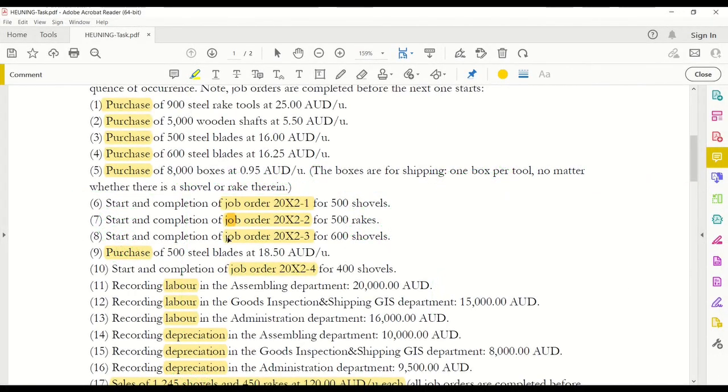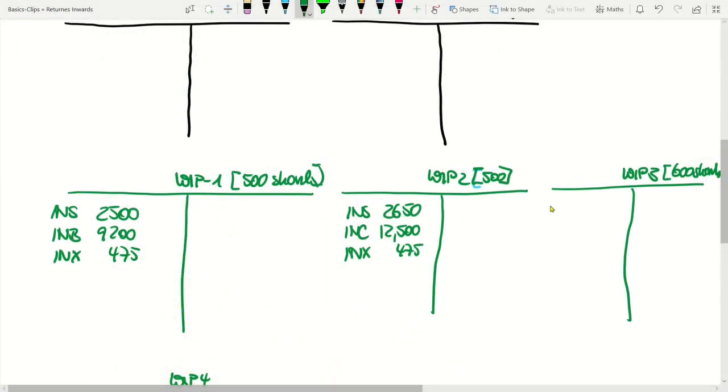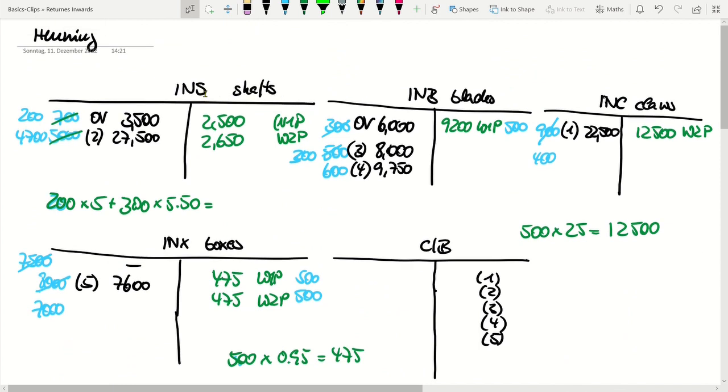Now we record the third job order 2002-3 for 600 trowels. I record the shaft at first. Thereafter, I will be left with 4,100.